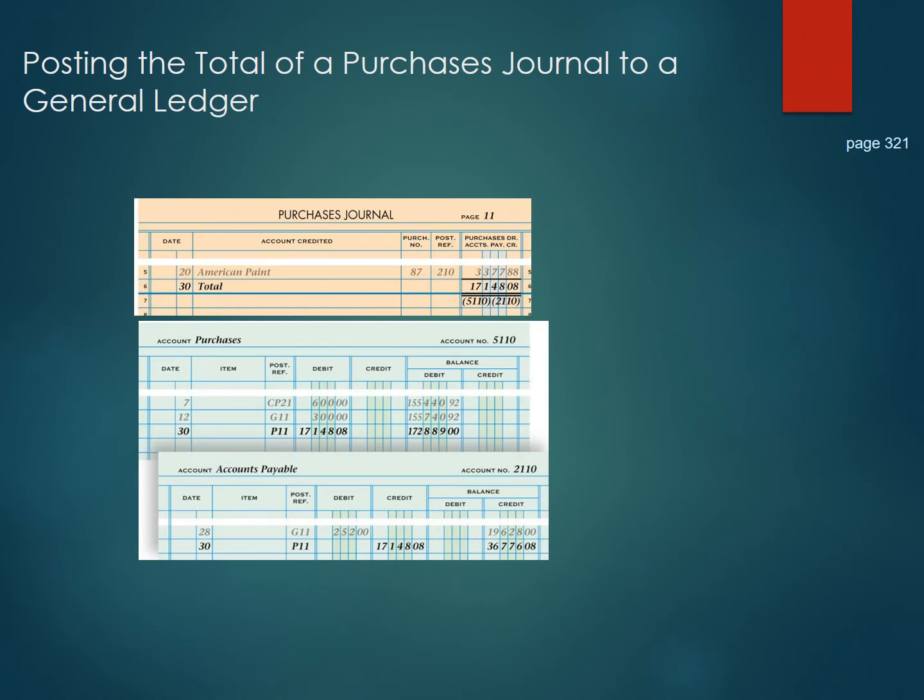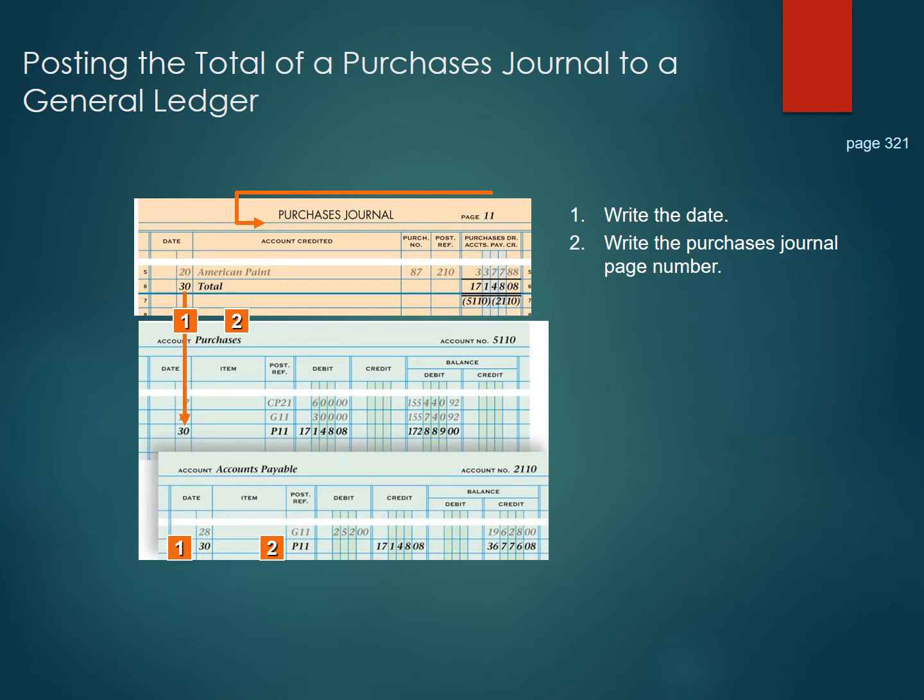Posting the totals of a purchases journal to a general ledger. Since we have already posted individually all of the accounts that needed to be credited, it is now time to post our purchases debit total and our accounts payable credit total. We will go to our purchases account in our general ledger, record the date, and record the post reference number P11.